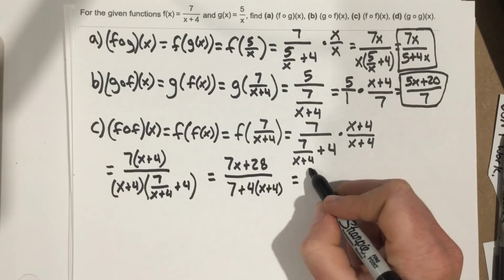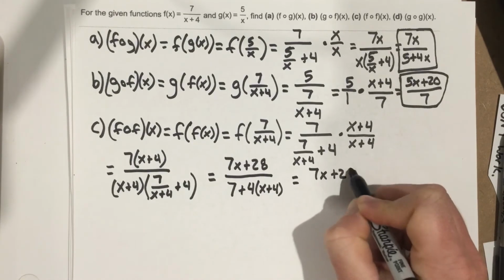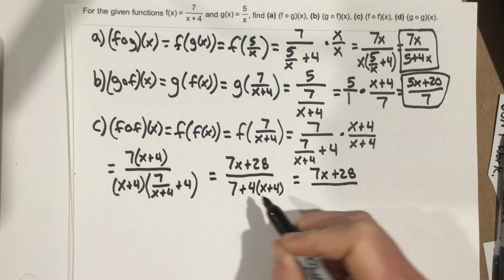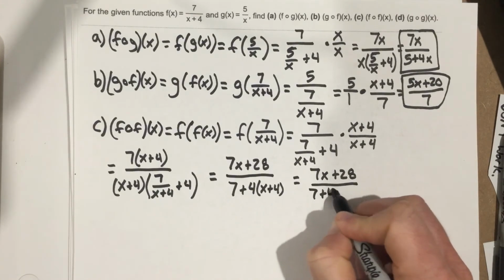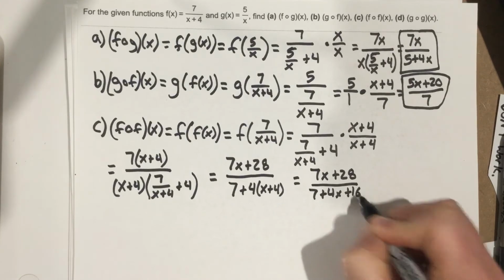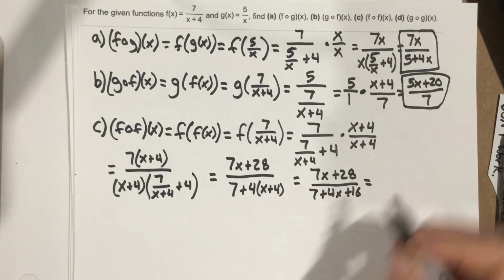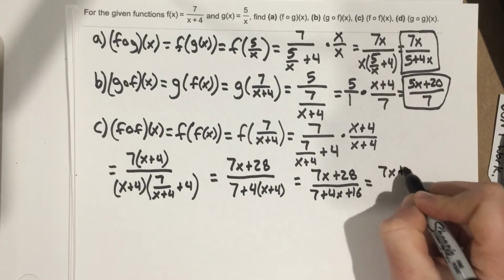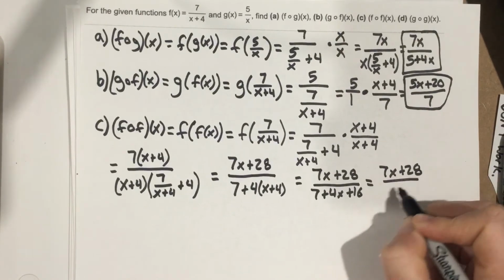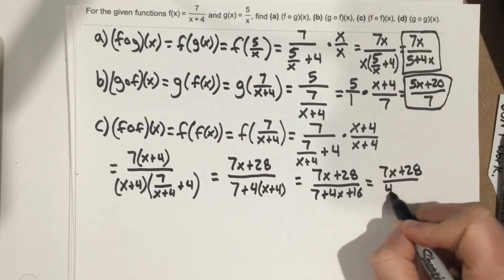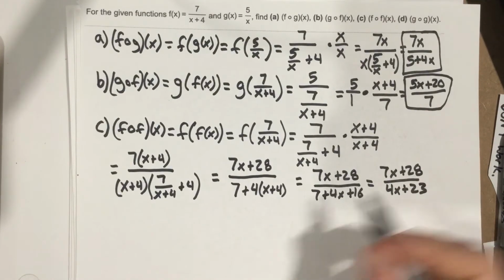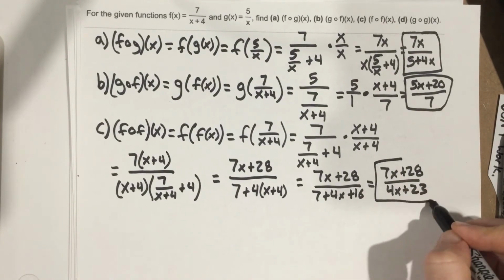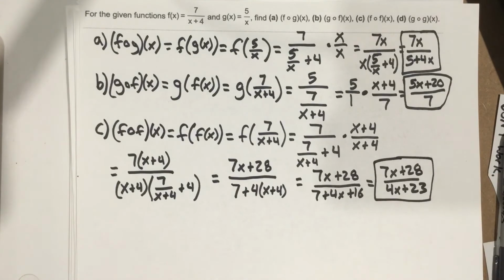That's going to equal 7x plus 28 over, distribute the 4, we get 7 plus 4x plus 16. Combine the 7 and the 16, you get 7x plus 28 over 4x plus 23. And that's the expression for f of f of x.